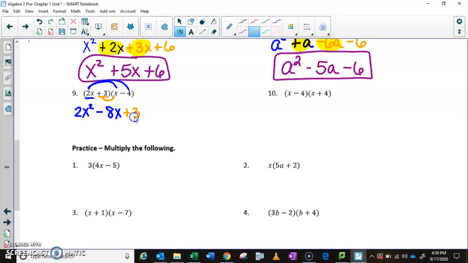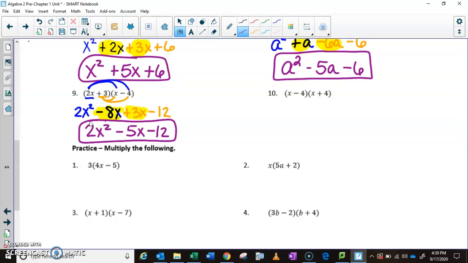So plus 3x, and 3 times negative 4 is negative 12. Look to combine any like terms that you might have. So negative 8x and a positive 3x are my like terms that I can combine. So we're going to have 2x squared, negative 8x and positive 3x is a negative 5x, minus 12. So 2x squared minus 5x minus 12.